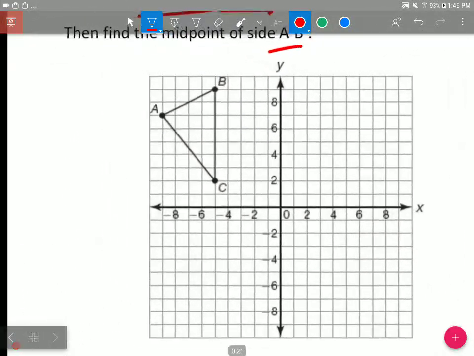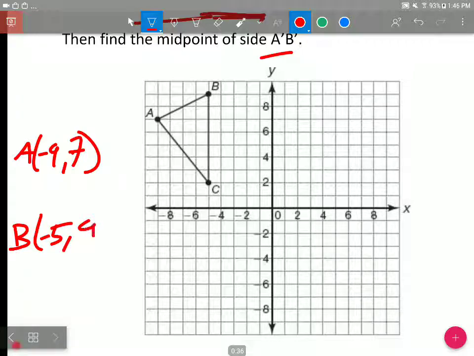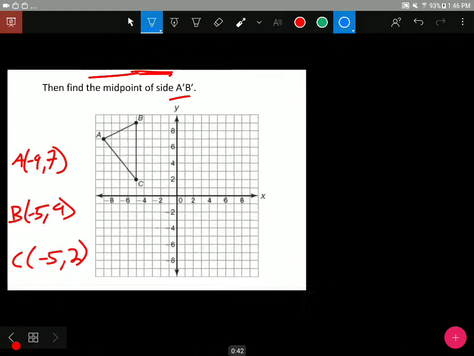So here we go. A is at negative 9, 7. B is at negative 5, 9, and C is at negative 5, 2. And then they want 90 degrees.